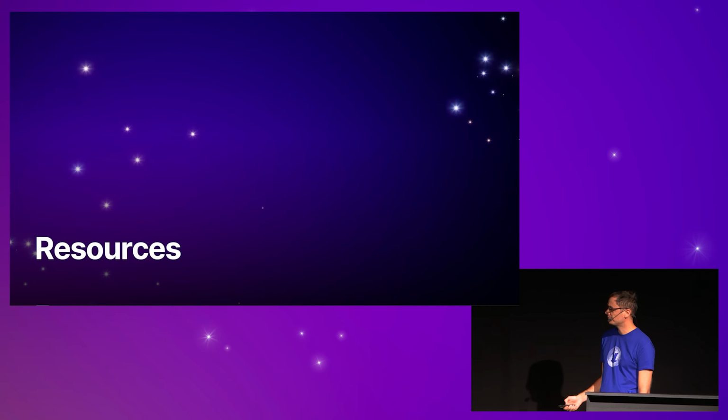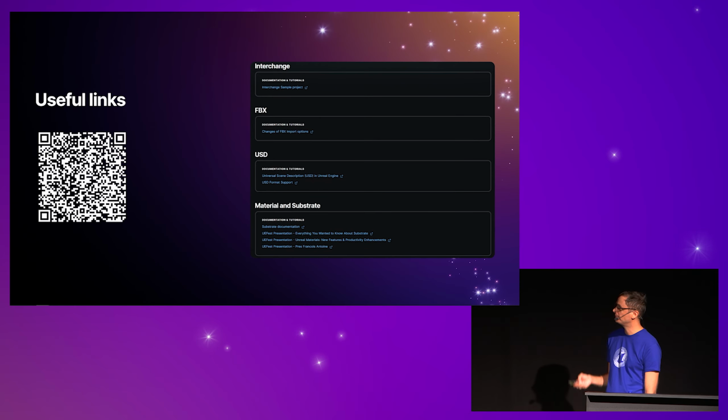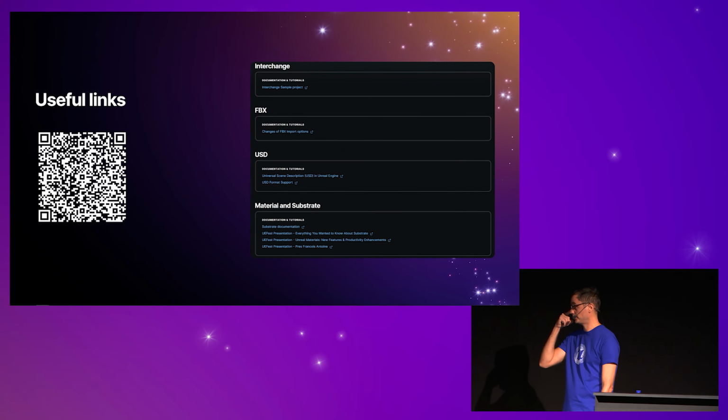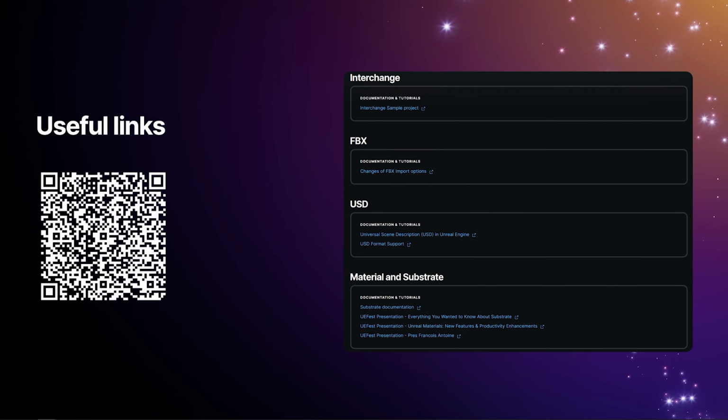So I'm at the end of my talk. There's a QR code to a page online that I'm going to update. On this page, for Interchange, I put the link to the sample project. You get a learning page with a description of what the project does, the different pipelines you can modify, how we set up the project, and where the translators and factories are.